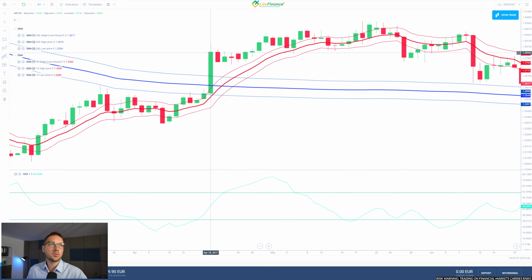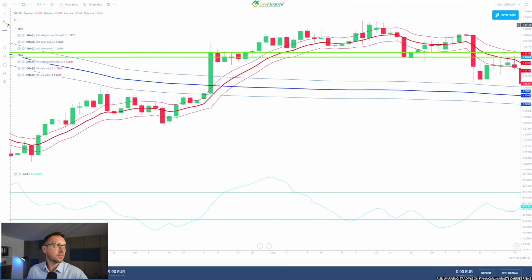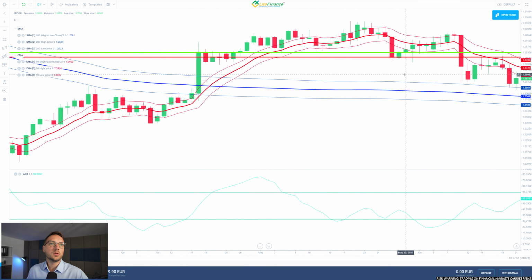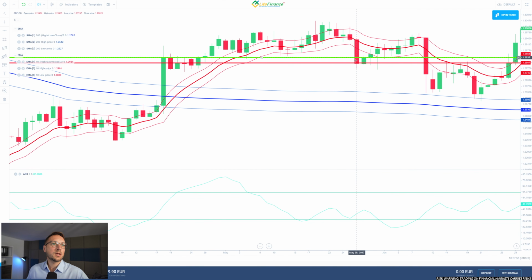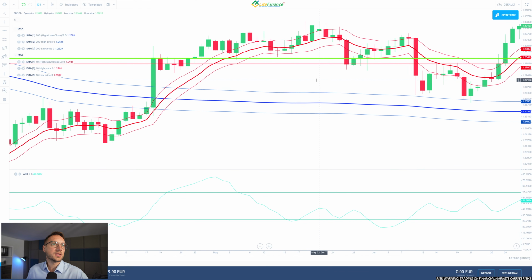Therefore, that would be our entry level, and we would be stopped out over here. So that would be not a good trade. This one, as you can see, we would be stopped out at this level.